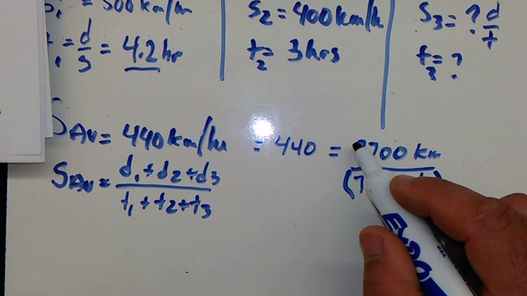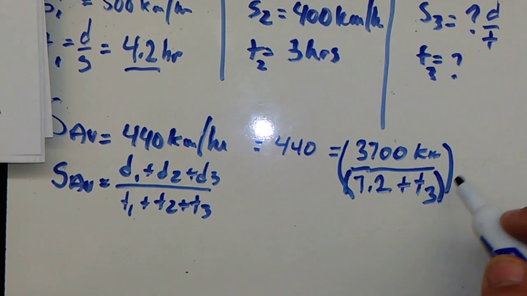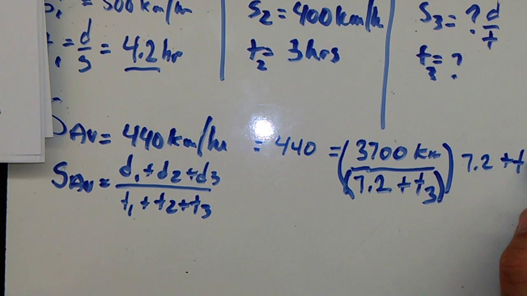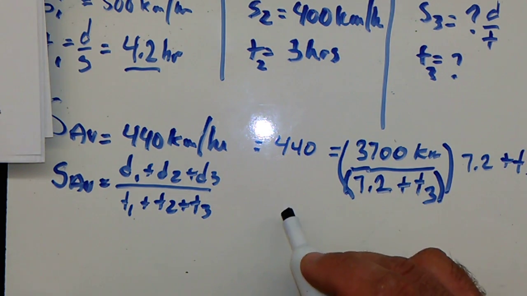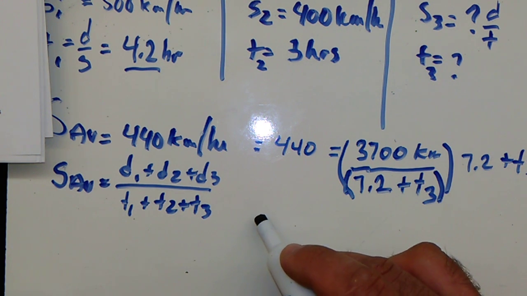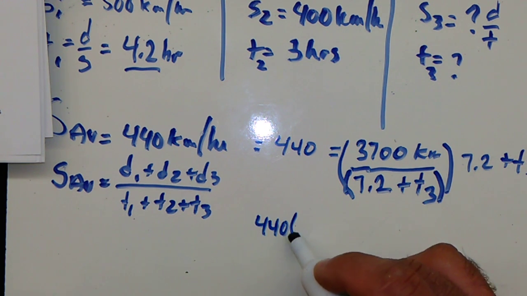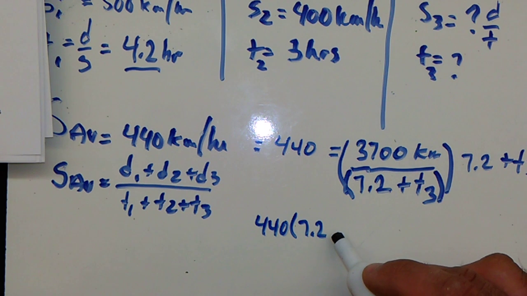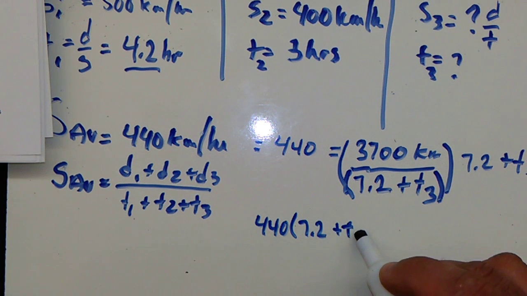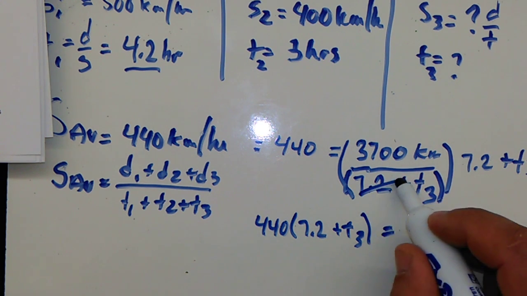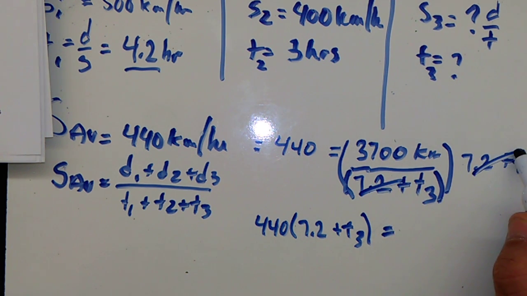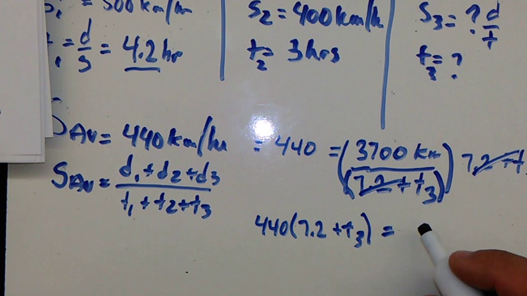If I multiply both sides by 7.2 plus t3, on this side these two cancel, so what I'm left with is 3,700 on this side.